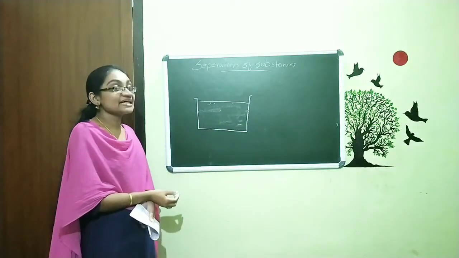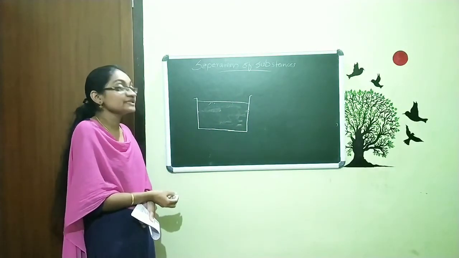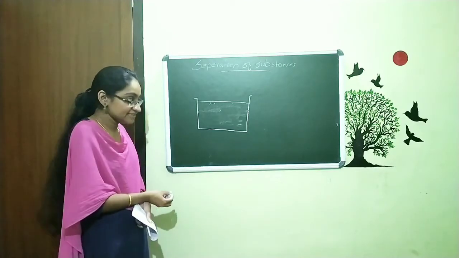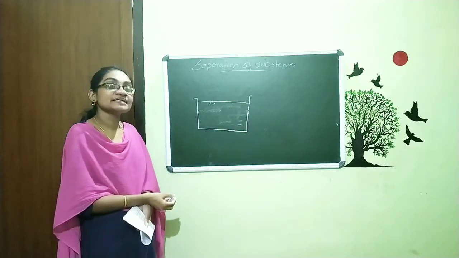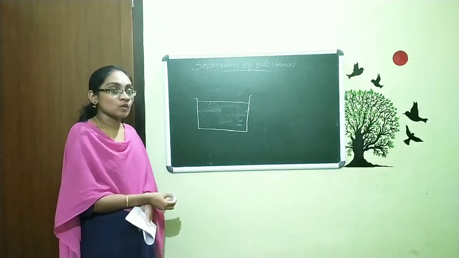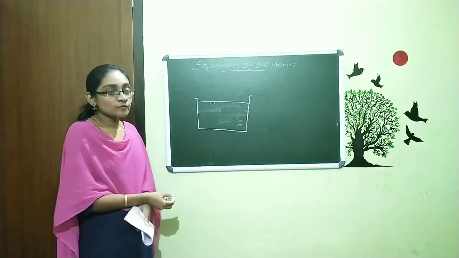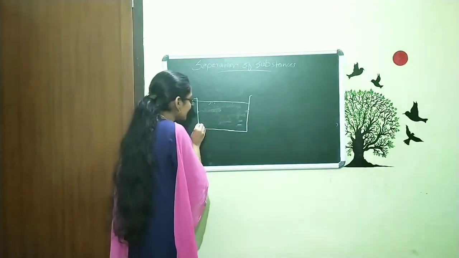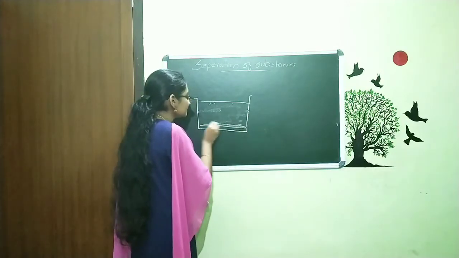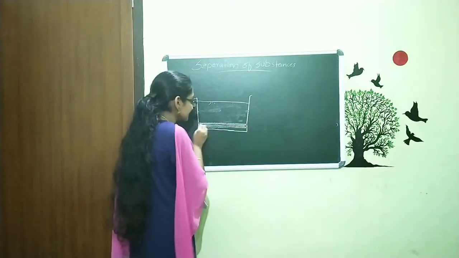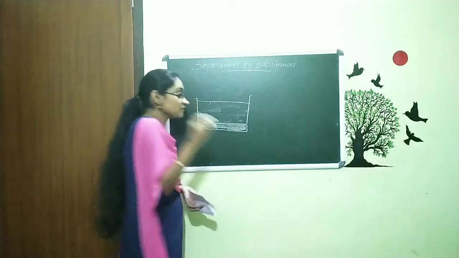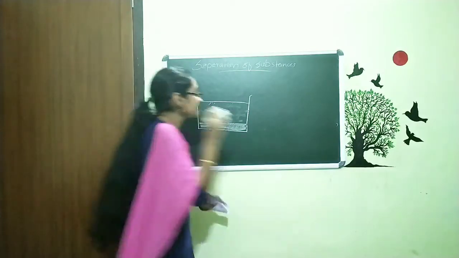Now you can see that the heavier particles will settle down. That means, which is the heavier particle here? Is it salt or sand? Obviously it is sand, and the sand particles will settle down. That means here the first process that occurs is sedimentation.